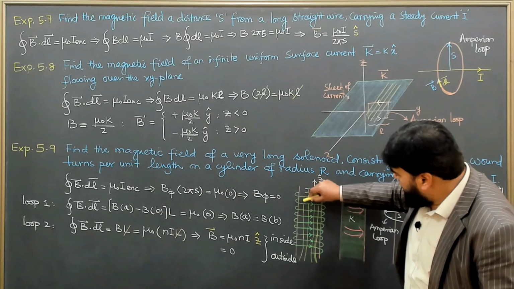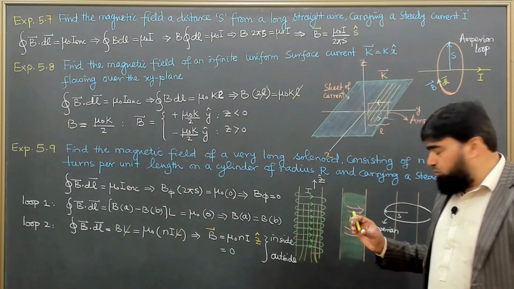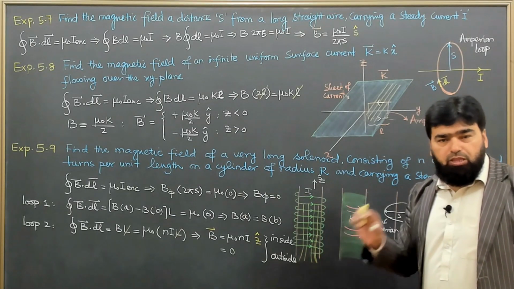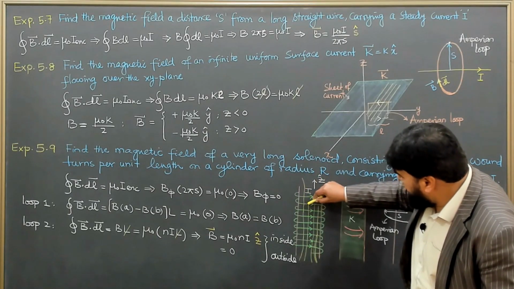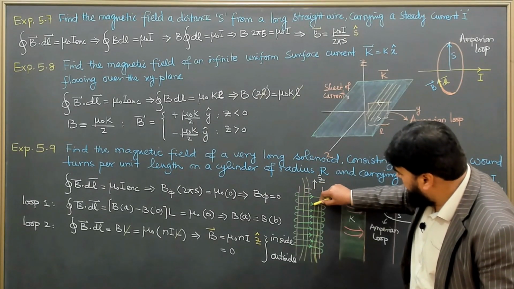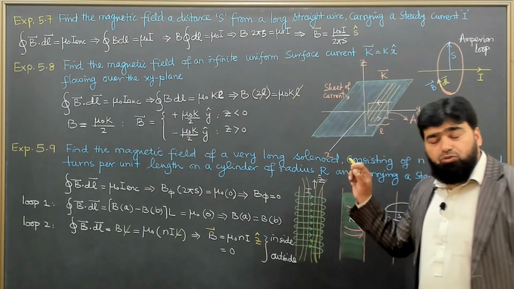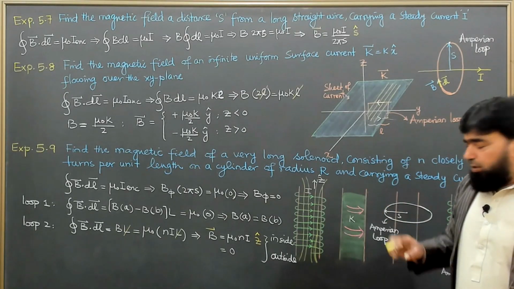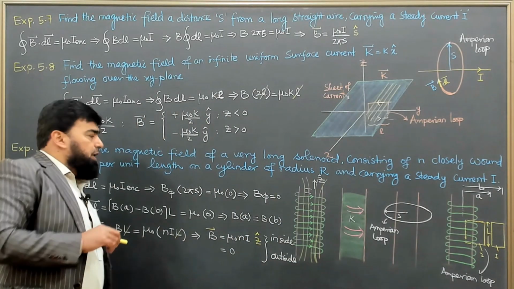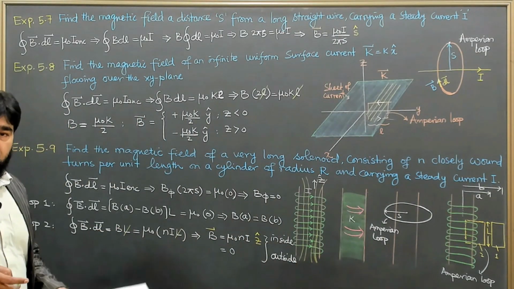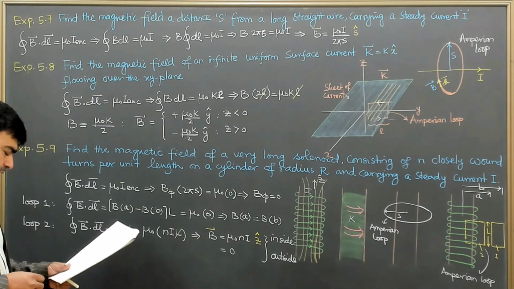So in the middle we have exactly parallel magnetic field lines, but as it goes to the edges, the edge effect will come in, and the magnetic field will be deviating and will not be considered uniform at the edges. But in the center, or for an infinitely long solenoid, this field is considered uniform.